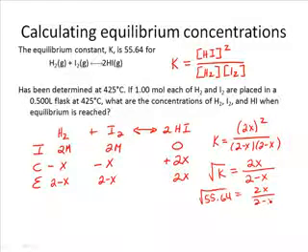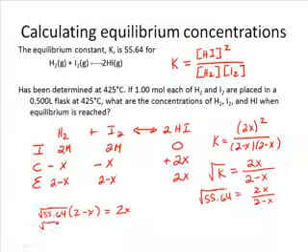And let's go ahead and get a value for that. Or not. Let's just go ahead and move over this way to continue solving this. So that gives me the square root of 55.64 times 2 minus X is equal to 2X.